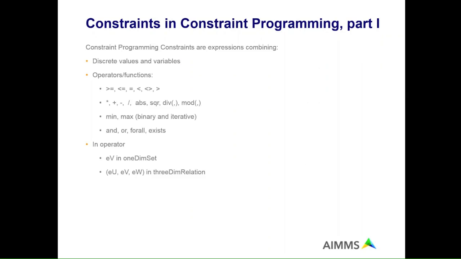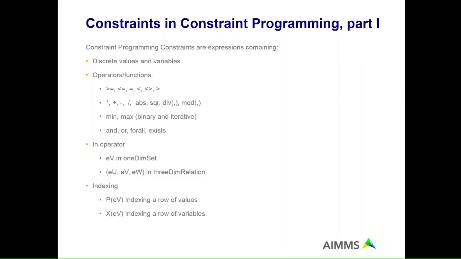Another nice feature of constraint programming is that we can write a constraint as an element variable should be in some set, or a tuple of variables should be in some relation. Especially this one is often called a table constraint in the literature, and is a very powerful concept.